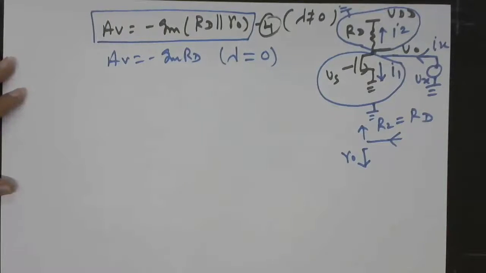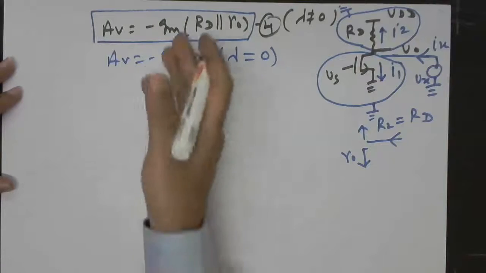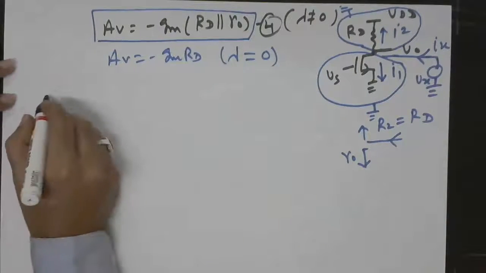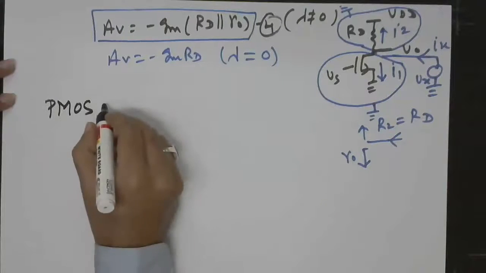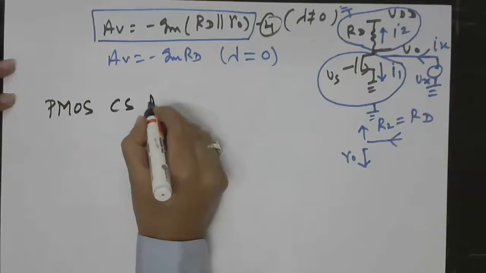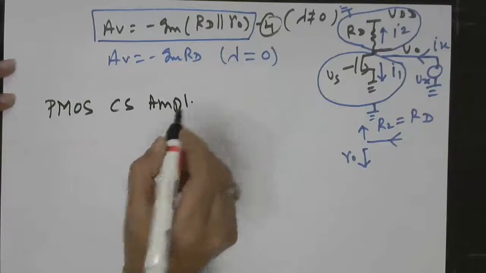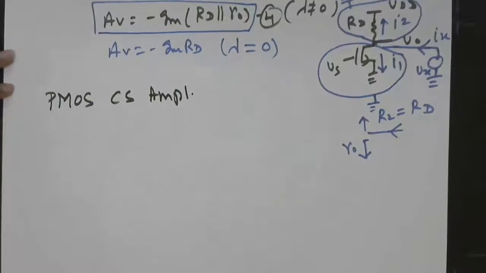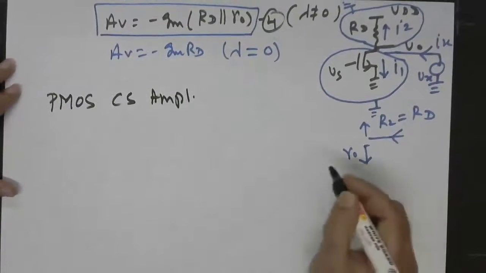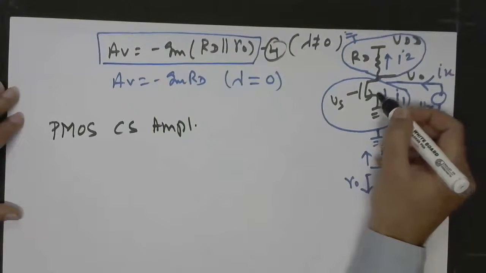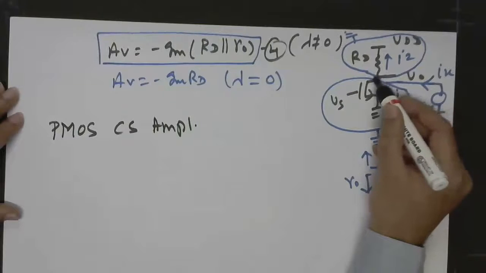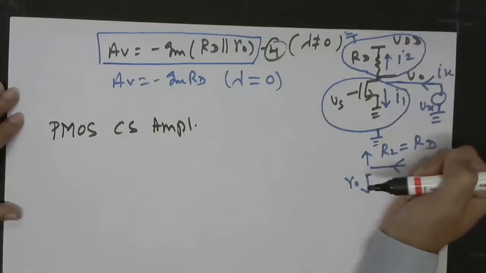So one would like to see how to implement a common source amplifier in all these configurations using PMOS. So we will now see the PMOS common source amplifier. Recall that for PMOS, the source should be at a higher potential compared with the drain and gate.